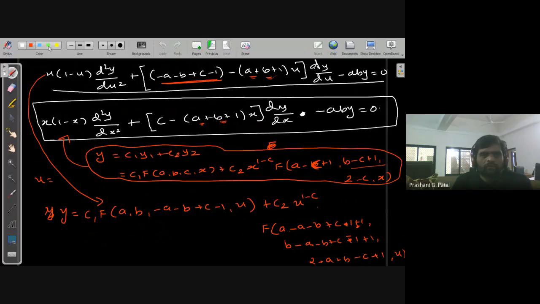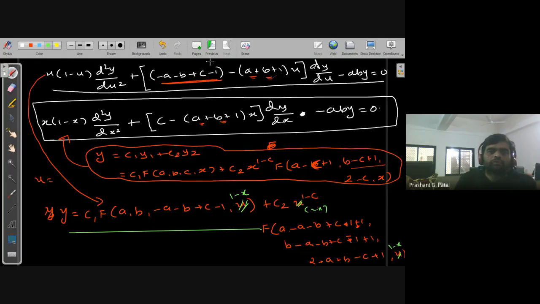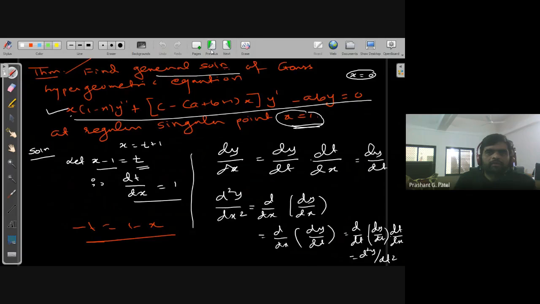So here, if you substitute, instead of u is 1 minus x, here it is 1 minus x, here it is 1 minus x, then that will be the solution of this differential equation for the regular singular point x is equal to 1. That is the solution of the hypergeometric equation for the regular singular point x equal to 1.